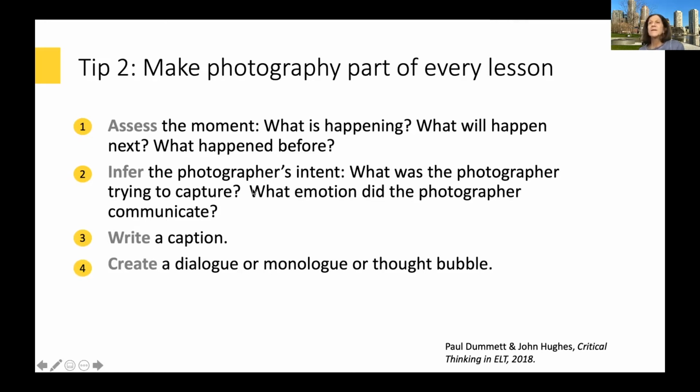As you can see, these 4 activities go from assessing, which reflects Bloom's hierarchy of thinking skills, from the lower order to a higher order, inferring, to a more creative writing a caption and creating a dialogue. So you can see the order of critical thinking activities from lower to higher order.